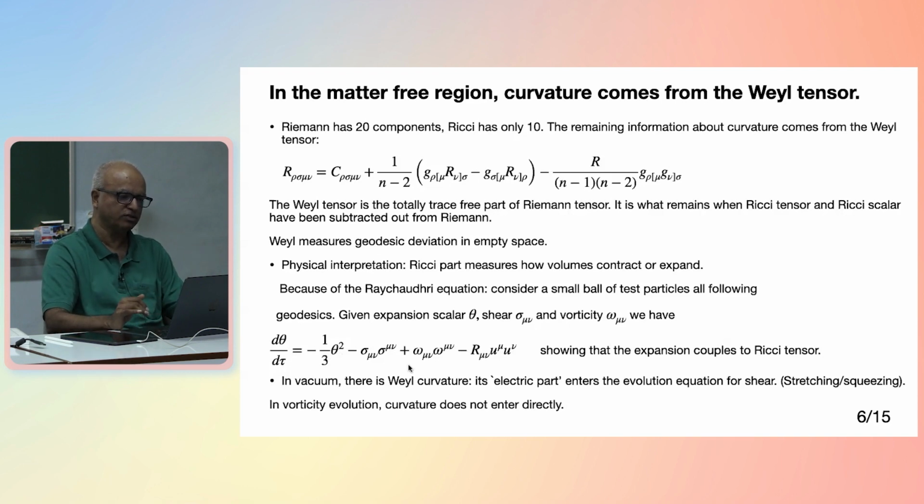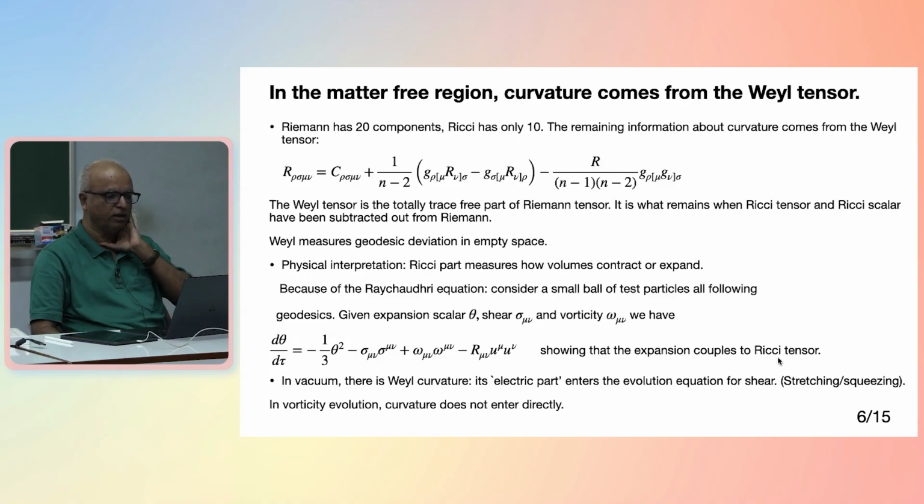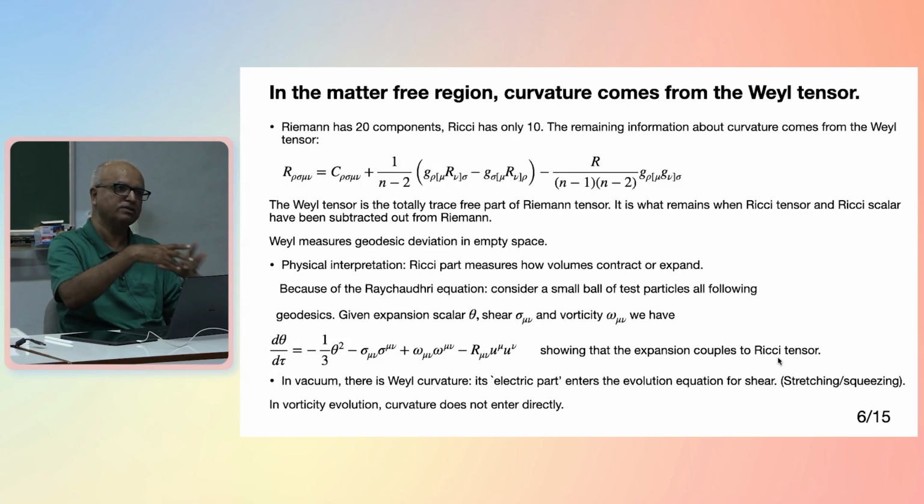It's given by this equation. Notice that it has only the Ricci tensor in it. It does not have Weyl in it. Showing that the expansion couples to the Ricci tensor. You take a ball, its volume change is determined by the Ricci. Now clearly Ricci is 0 in empty space, so no volume change if you are in empty space. The ball has to be inside matter for its volume to change.